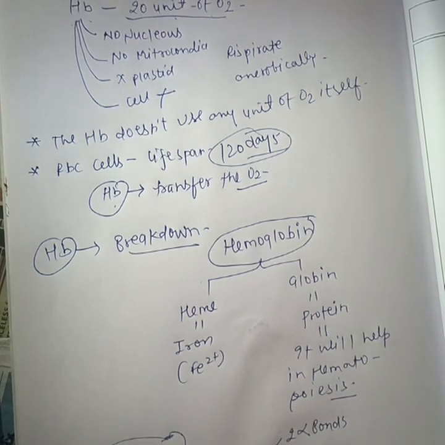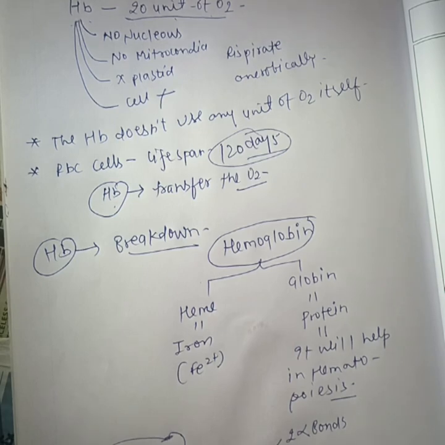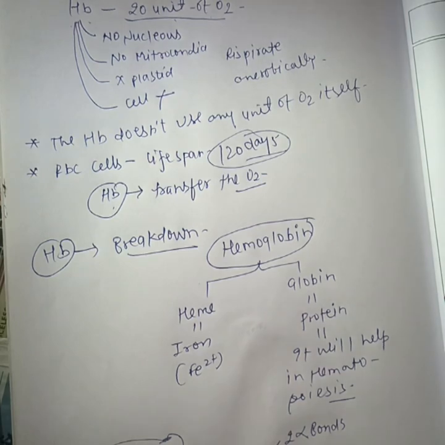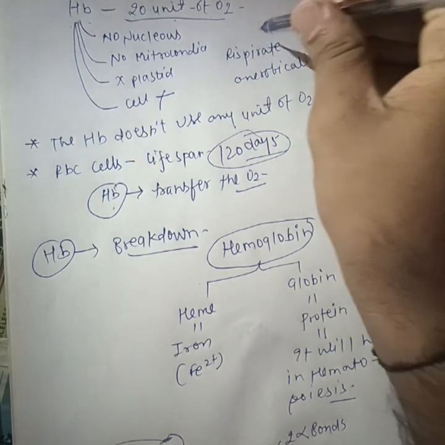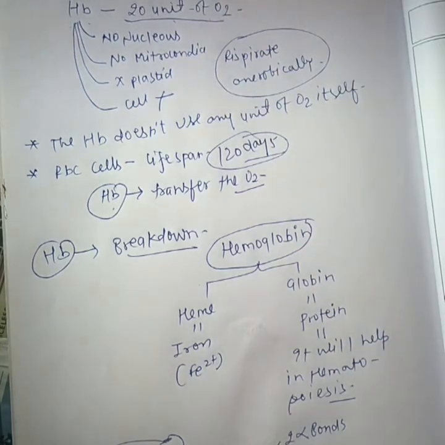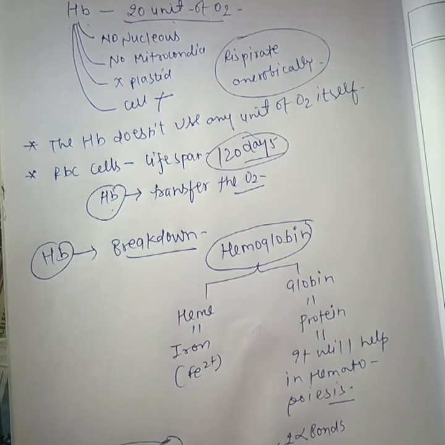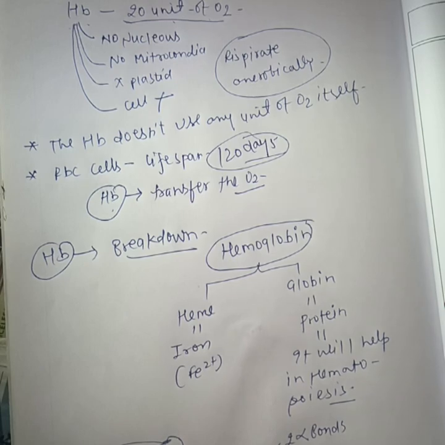Why? Because they don't have any nucleus, nor mitochondria, they don't have any metabolic machinery, so that oxygen molecules could be used. It respirates anaerobically, so it does not use any oxygen content itself.